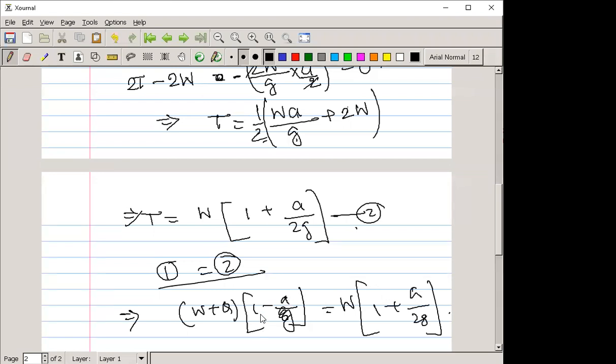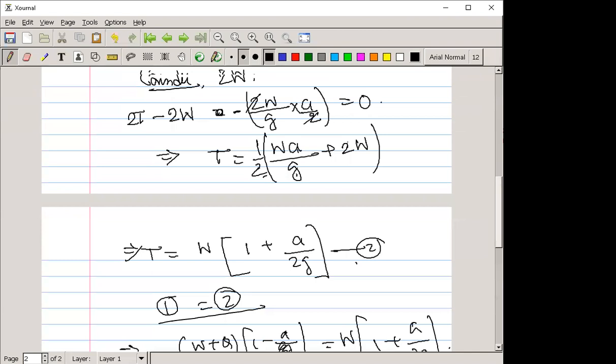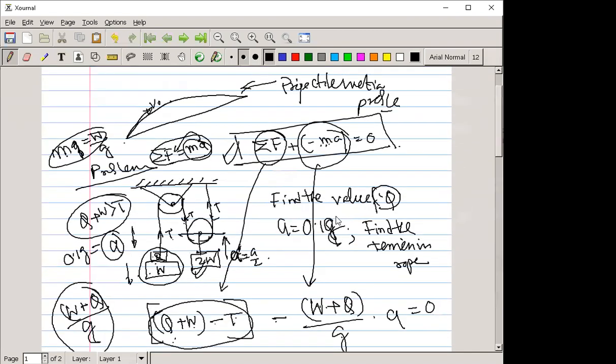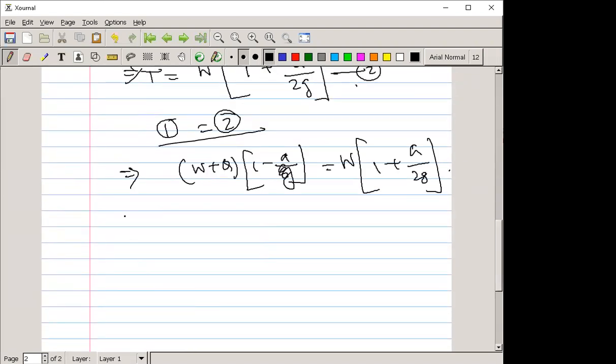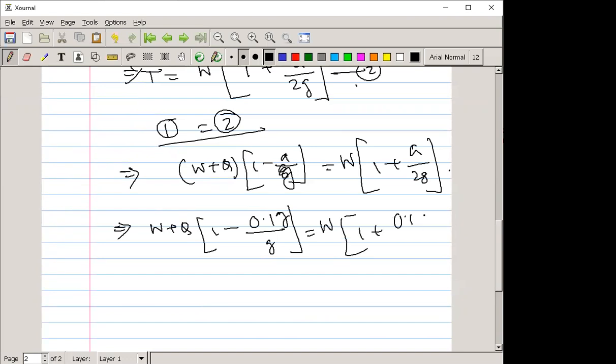This should be 0.1 of g. Clear? As per the question, see this one, 0.1 of g. So this should be W plus Q times 1 minus 0.1 of g is equal to W times 1 plus 0.1 g by 2g.